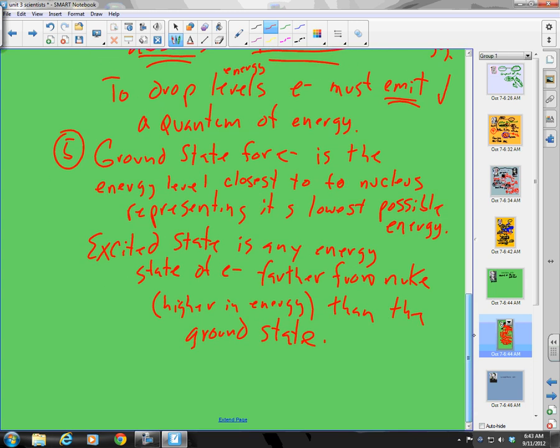And then finally, the ground state for an electron is the energy level closest to the nucleus, representing the lowest possible energy of that electron. An excited state is any energy state of the electron farther from the nucleus and higher in energy than the ground state. Well, that is Bohr's model.